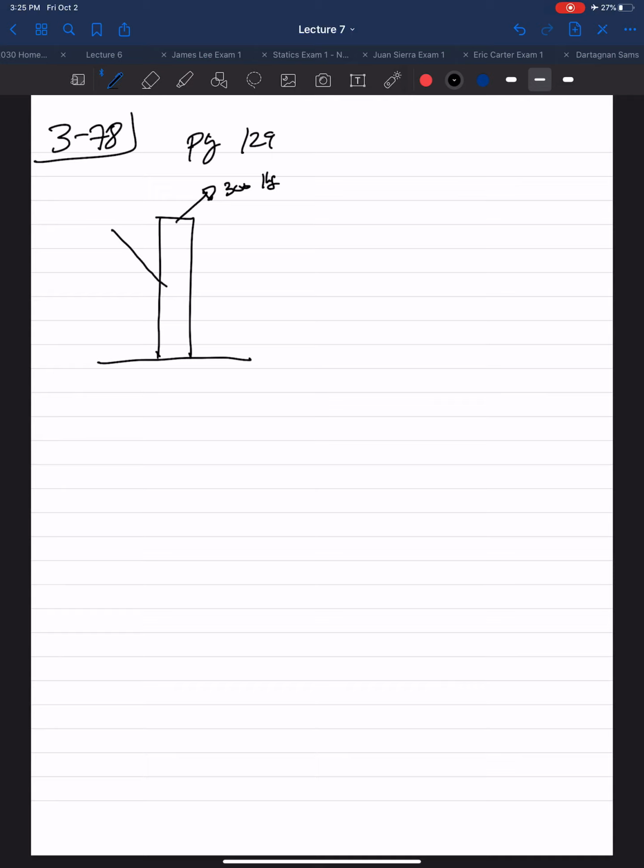We have a 150-pound force here. We have a 200-pound force here. Origin here. This angle is 30 degrees. This is a 3, 4, 5 slope triangle. All right. They wanted to replace the loading here with a resultant force and couple moment at O.